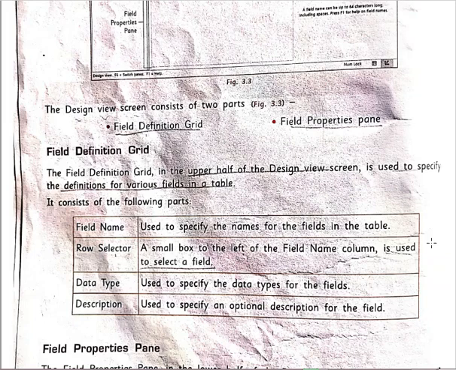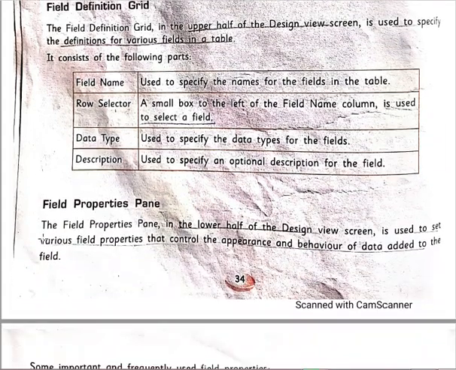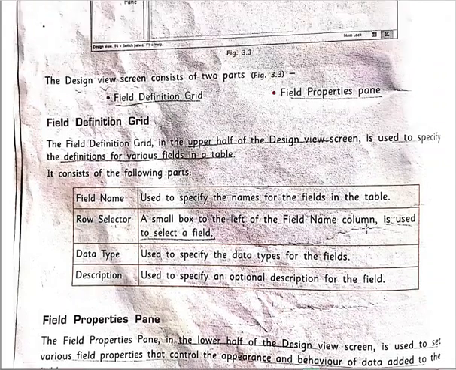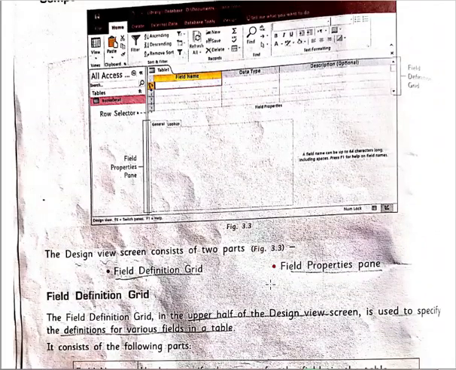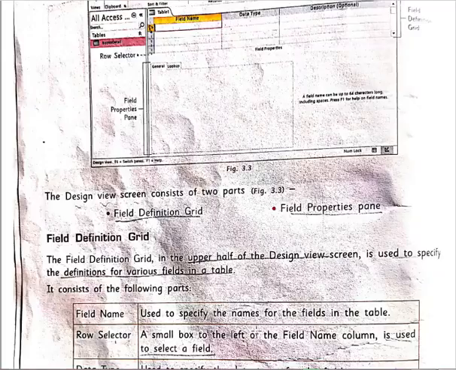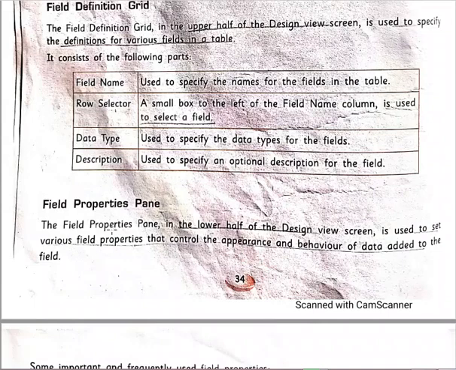The second part is the field properties pane, in the lower half of the design view screen. The field definition grid is the upper half, and the lower half is the field properties pane.